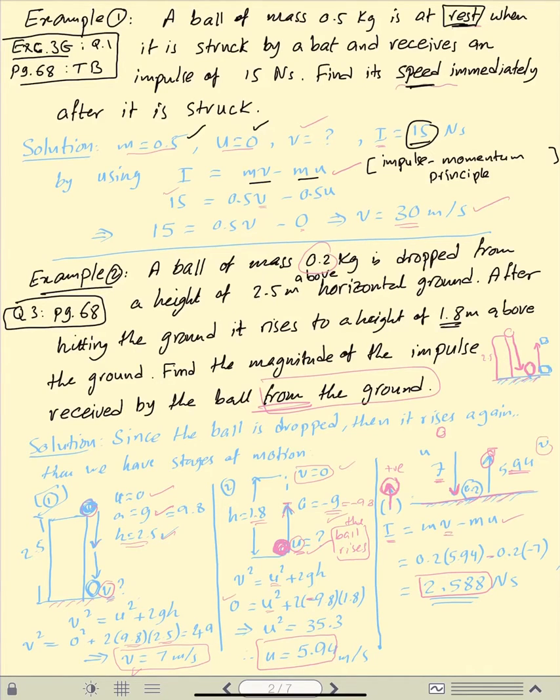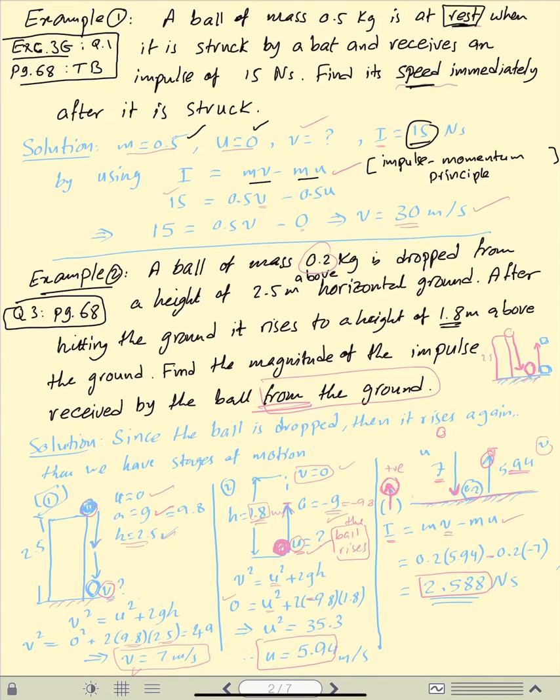So we need the velocity when the ball hits the ground and rises again. So we need the velocity now when the ball rises again to 1.8 meters.